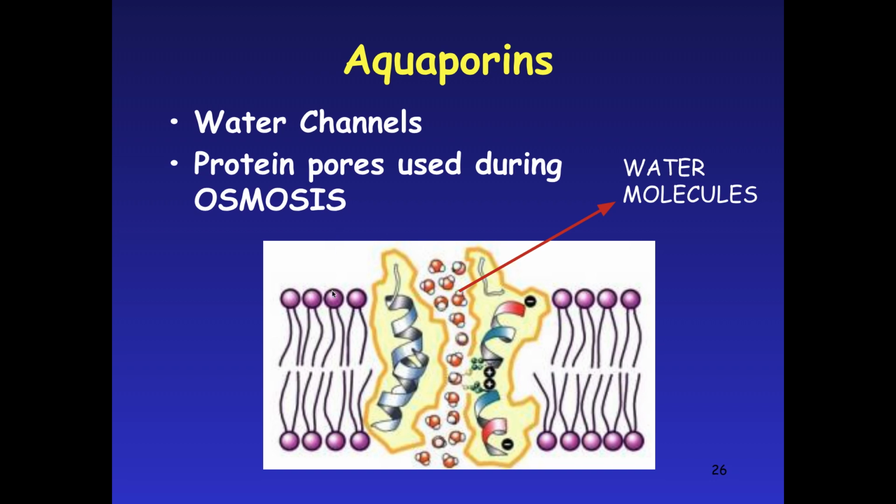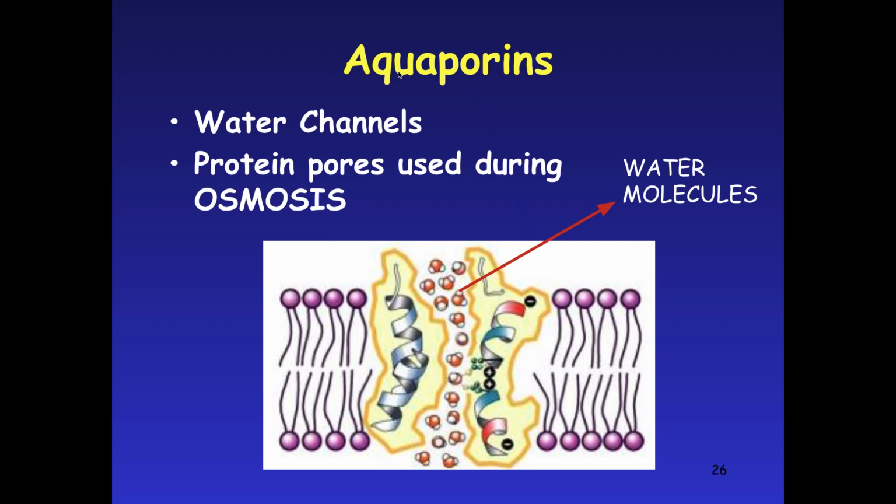Now, some of you that are very sharp should be saying, but Mr. Harrison, you said in the middle, these fatty acid chains are very hydrophobic, means they hate water. So how can water pass through there? Well, that's right. We need special proteins that make a kind of channel that allow water to pass through easily. And these are called aquaporins.